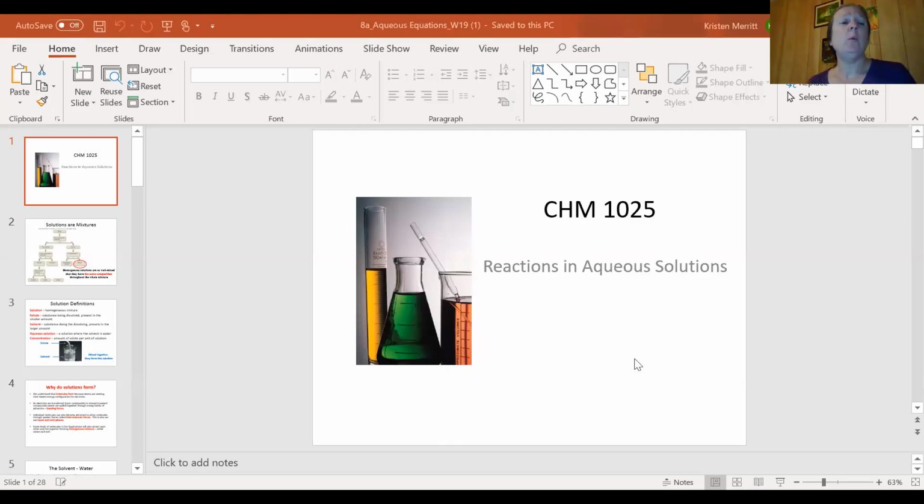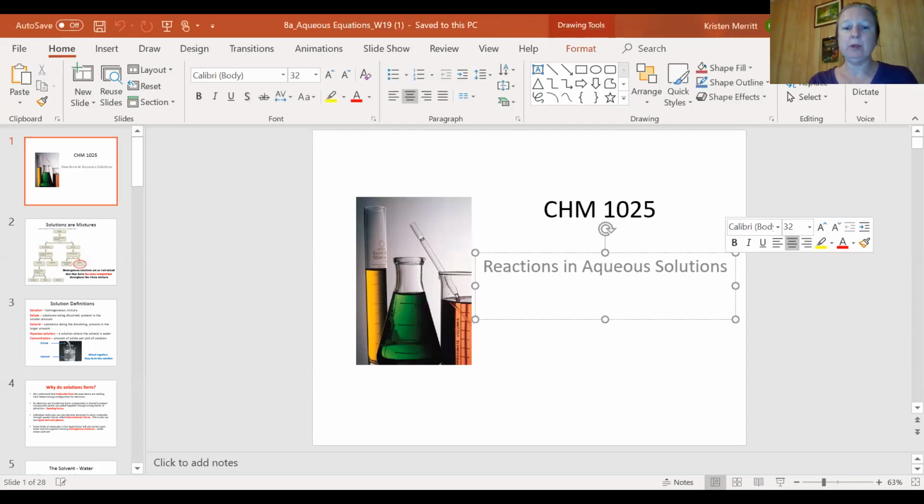So in general, I'll be defining solutions, but from here forward, with the exception of the very last set of lectures, redox, we're going to be talking about aqueous solutions. This very specific type of solution is in water, so aqueous, and we show this by putting it as the physical state.